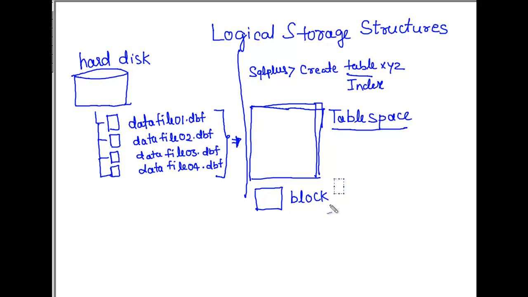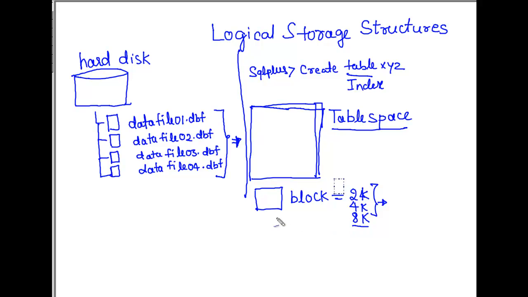You could define a block as 2K or 4K, or generally you will see something like 8K in the parameter file. This is defined when you create the database itself, you define the block size you want. Unless you want to drop and recreate the database, you cannot change the block size.